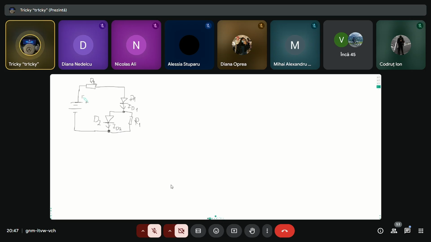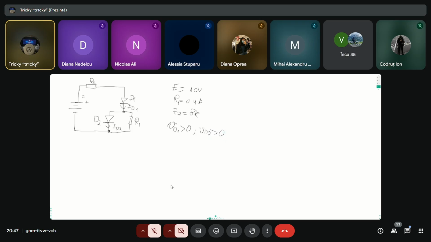Write this plus in here, and we will take the values. E is equal to 10 volts. R1 is equal to 0.4 kilo ohms, and R2 is equal to 8 kilo ohms. And again, both diodes are on here, so we will write that VD1 bigger than 0, VD2 also bigger than 0.